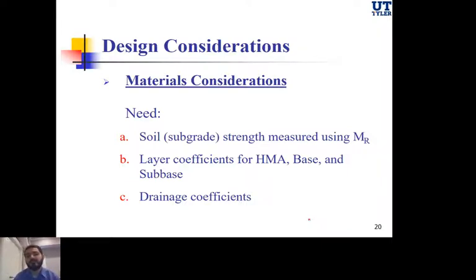Materials consideration, we have soil strength, which is measured as MR, the resilient modulus, something similar to elastic or dynamic modulus, or in physics it's actually just elastic modulus. We also are going to get to know the layer coefficient for the hot mix asphalt layer, the base layer, and the sub-base layer. And also we need to know the drainage coefficient for each one of the layers in the structure.